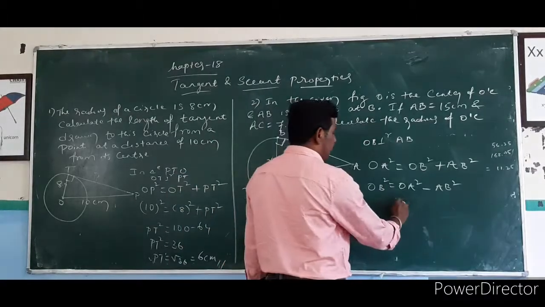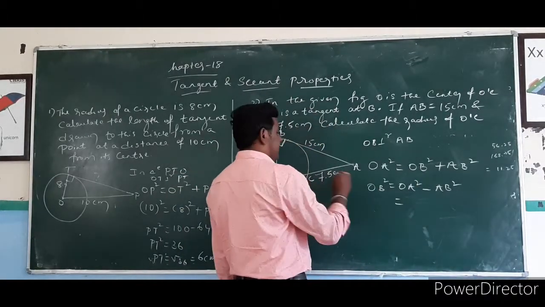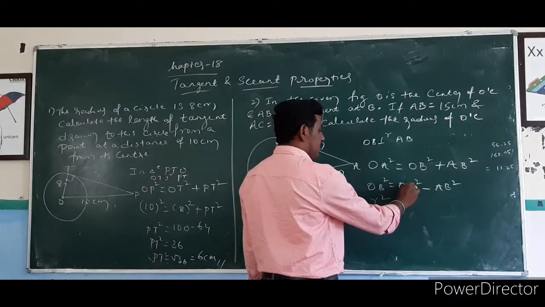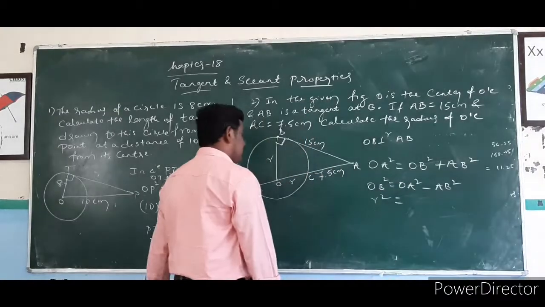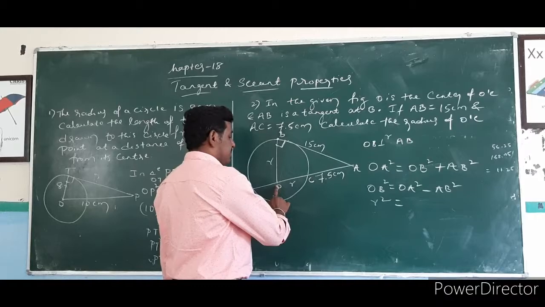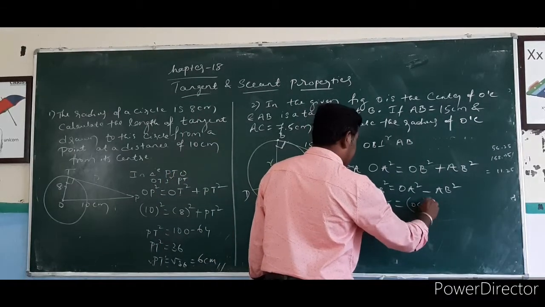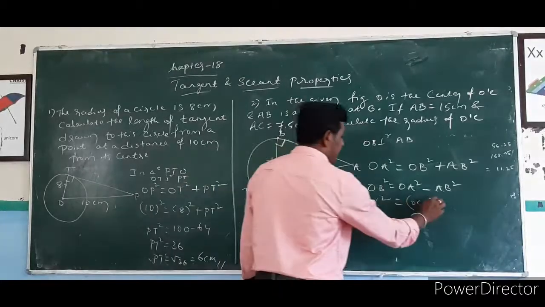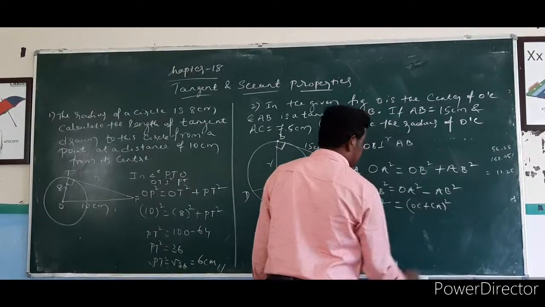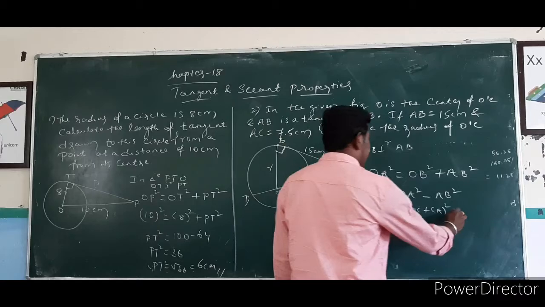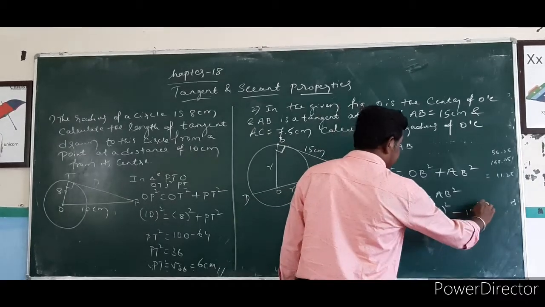OB is the radius, that is R square. OA is OC plus CA, so OA square is OC plus CA whole square, minus AB square, that is 15 square.